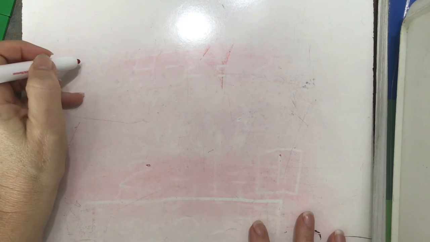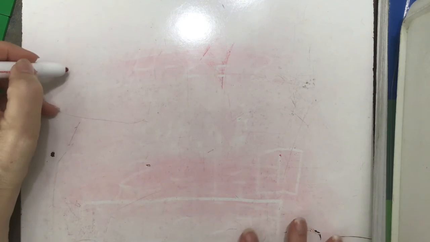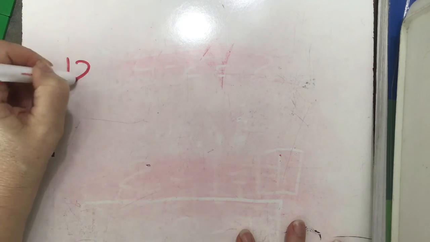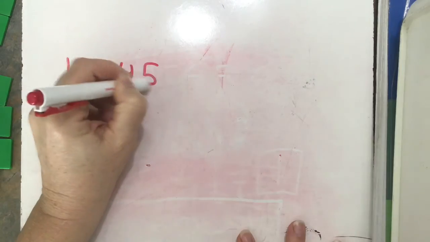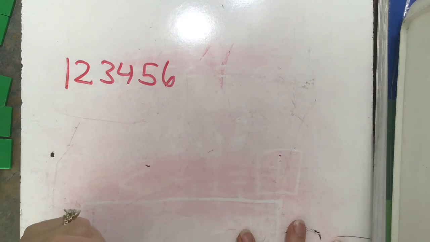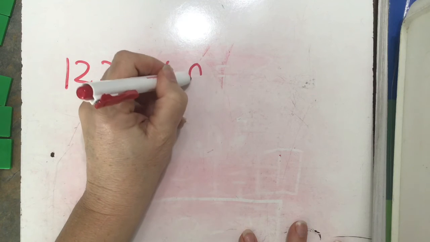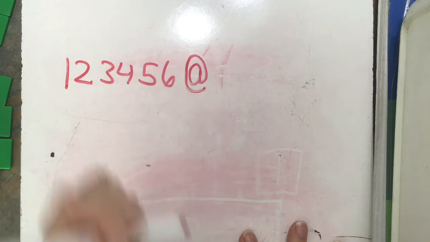Your username to get onto IXL is going to be your lunch number. So let's say your lunch number was 1, 2, 3, 4, 5, 6. I don't know what your lunch number is, but I'll bet you do. Your lunch number, and then you're going to type the little @ symbol.